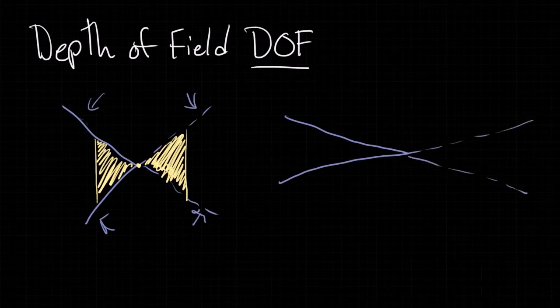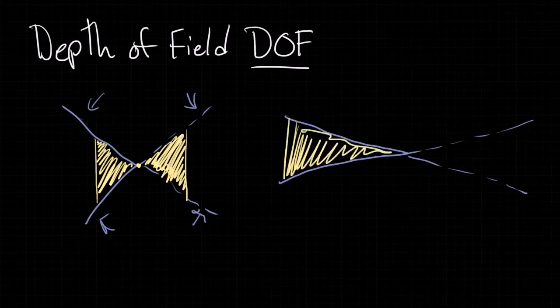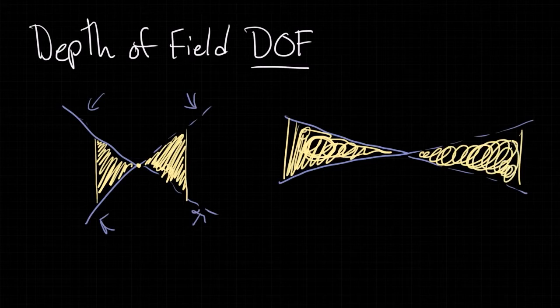Well, what happens to the toothpaste? It squeezes up the tube. Right? Now, this is the area that's in focus. And it makes sense because the light is not spreading out quite so fast, so it's not going to get out of focus quite so fast, which means that a wider area is going to stay in focus.